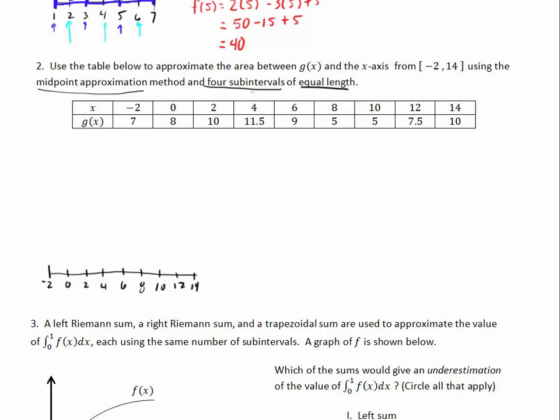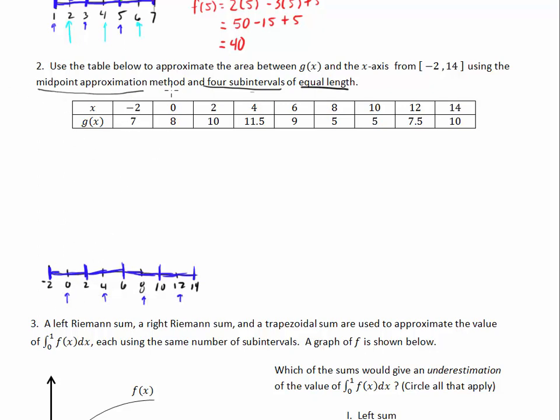So each of my intervals is going to be 4 units wide. Here is my first one, my second one, my third one, and my fourth one. Since we are doing a midpoint approximation, we're going to use the middle of each of those intervals, so in this case, 0, 4, 8, and 12 to determine how tall they are.